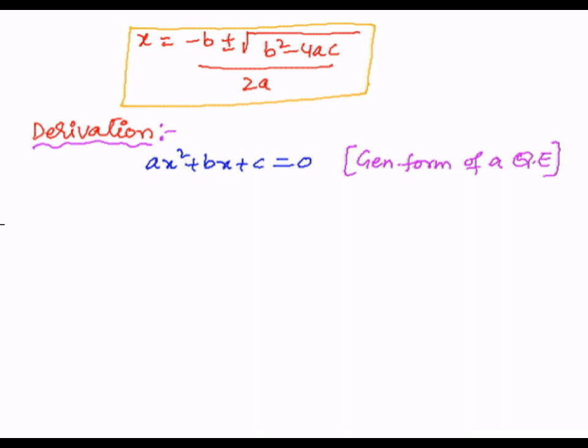Then the next logical step will be, that implies ax square plus bx is equals to, so now I am going to transpose this plus c over to the right hand side. When plus c, which is on the left hand side, is transposed over to the right hand side, it becomes minus c.